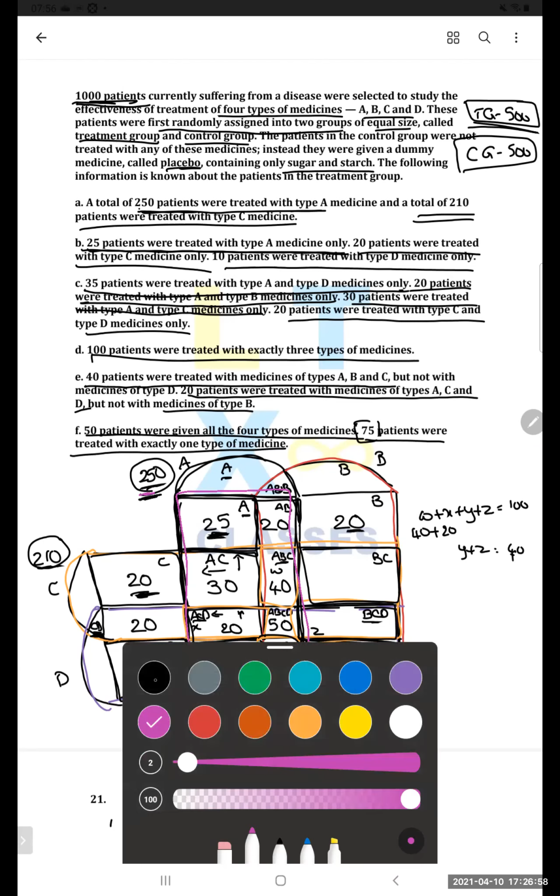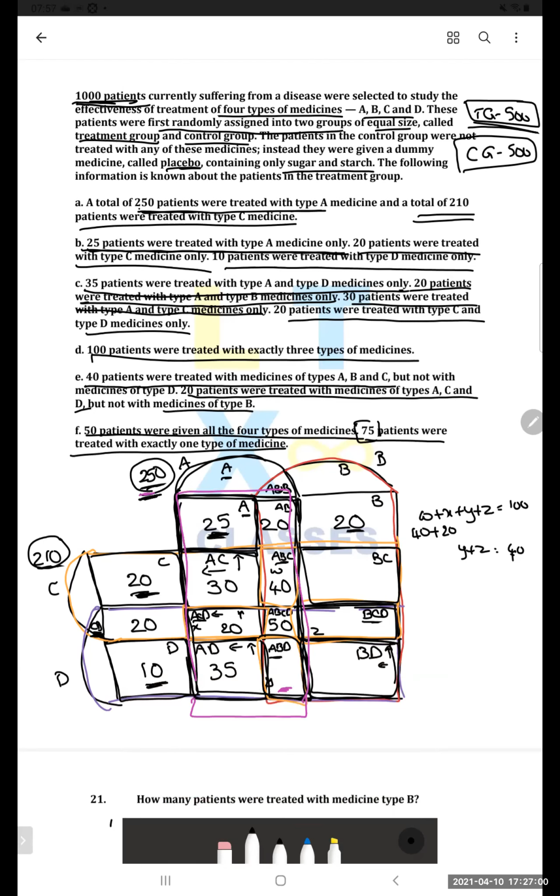Can somebody quickly make the addition and tell me what that number is going to be? 220. Very good. So what is 250 minus 220? 30. The answer is 30.